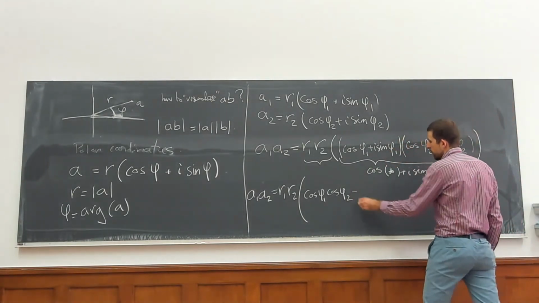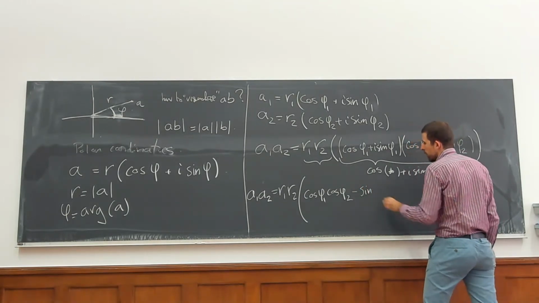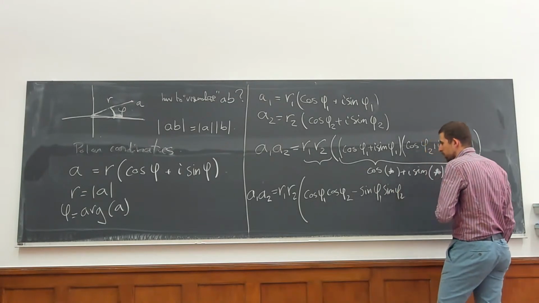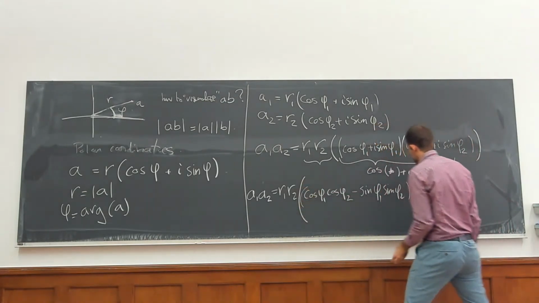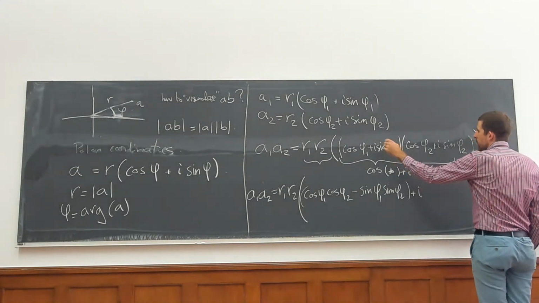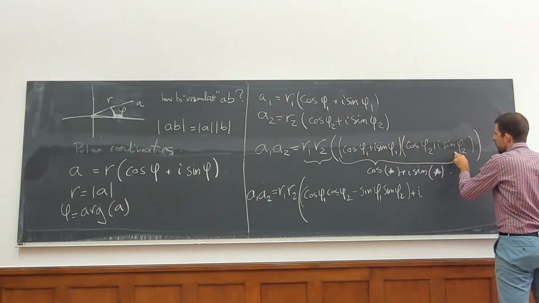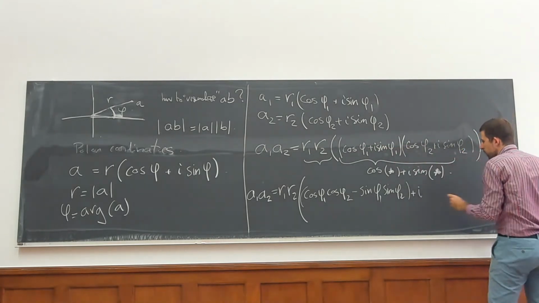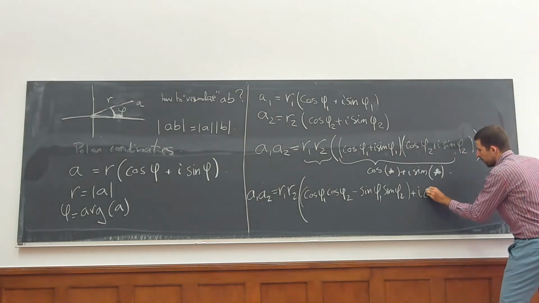We get a minus sine of phi 1, sine phi 2, plus, now we get the imaginary terms, right? Cosine phi 1, sine phi 2, sine phi 1, cosine phi 2. Okay, so.